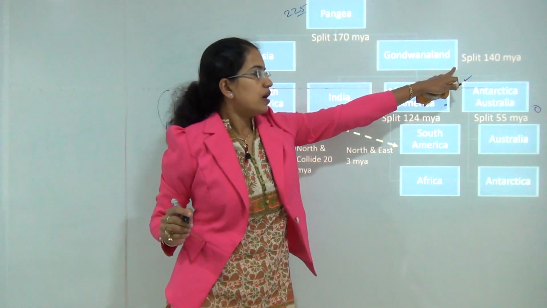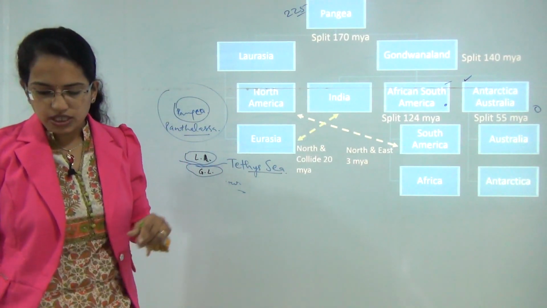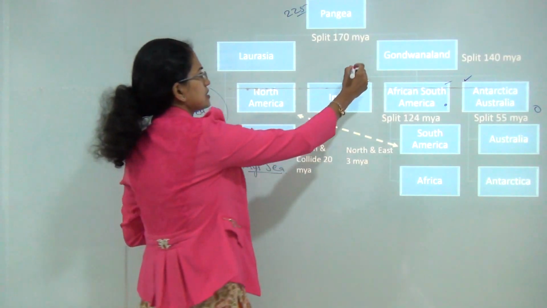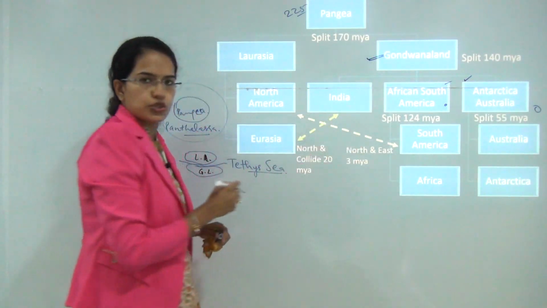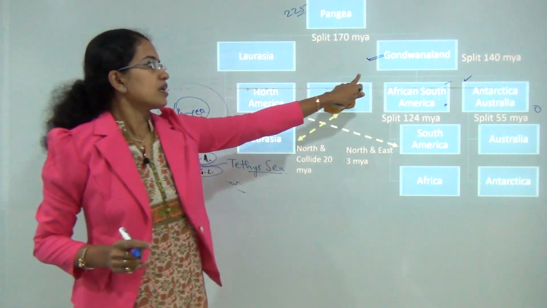Then around 140 million years ago, there was a split in the Gondwana land, and this period was the early Cretaceous period.